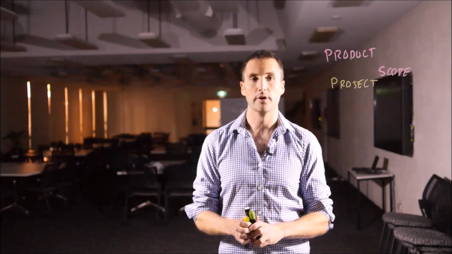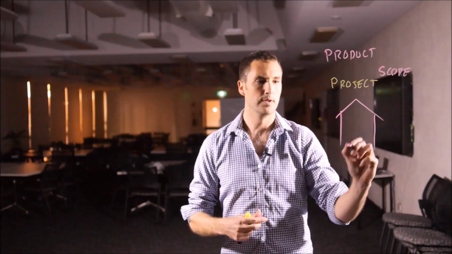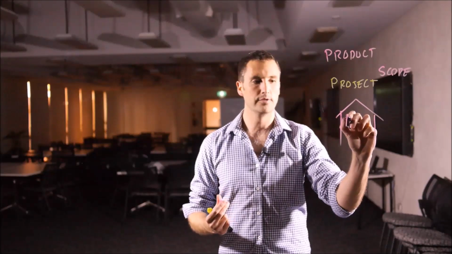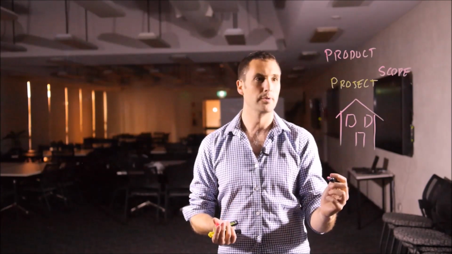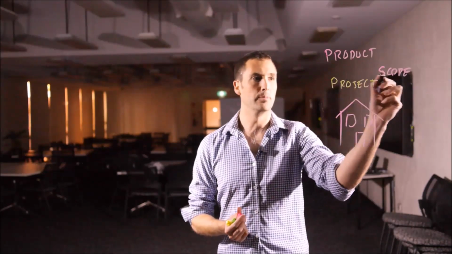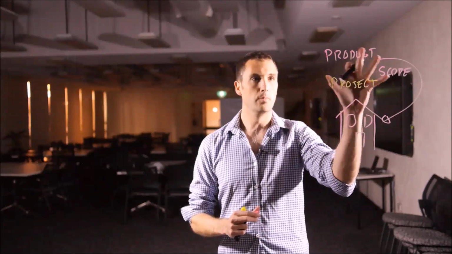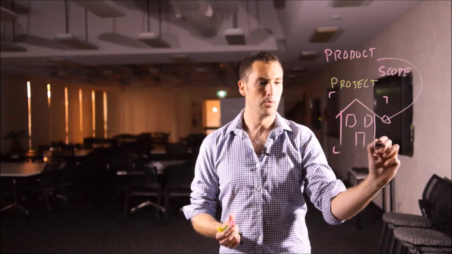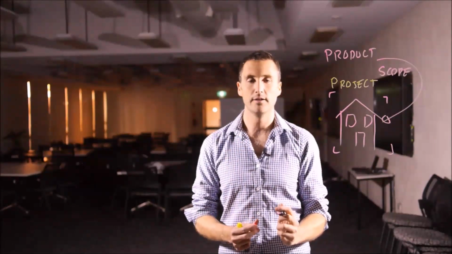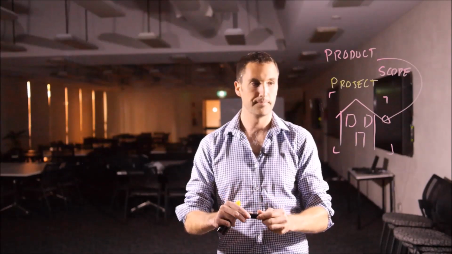So number one, product scope. This looks at the deliverable. It focuses on the key features, characteristics, concerns, technical functions, and so on. In this case, the product scope is everything that goes into this house. The more I can detail the product scope at this point, the more information I can add, the clearer I'm defining the product scope.